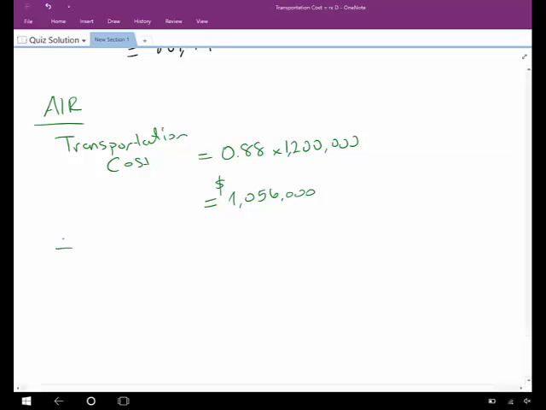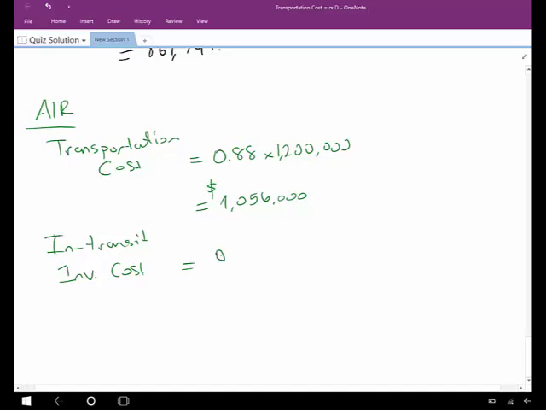In-transit inventory cost, I C D T divided by 365. 0.3 times 25 times 1.2 million times, air takes only a single day, divided by 365.